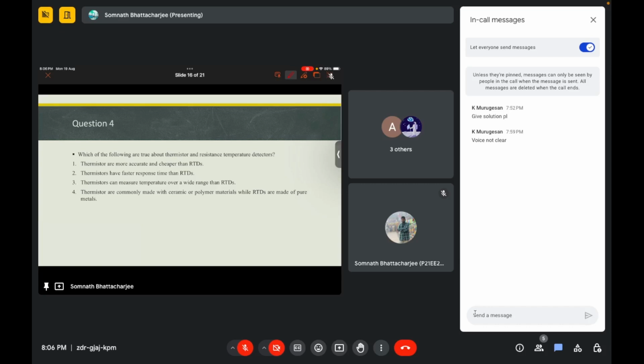Yeah. So let me answer this question. The first one is obviously a true statement because thermistors are more accurate, obviously, and it may be cheaper than the RTDs as well. The second one is also true that thermistors have a faster response time than the RTDs.